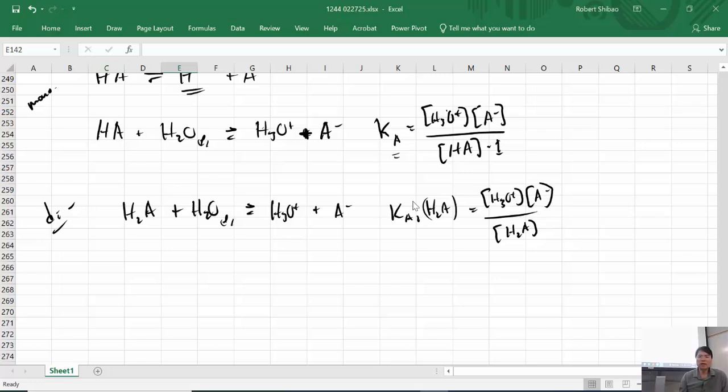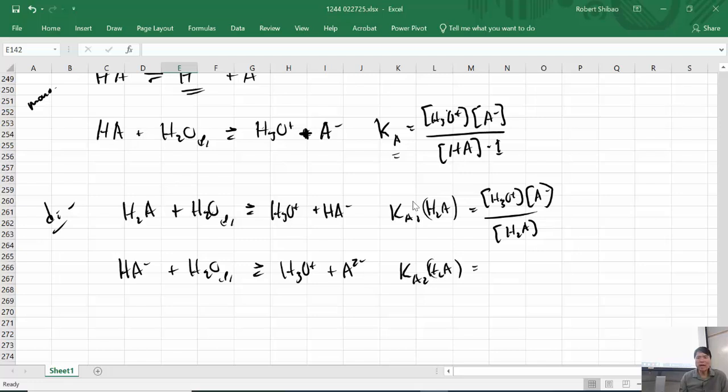Now, here we only lost one of the hydrogens. So this is actually HA minus, sorry. And to lose the second one is a lot more difficult. Water is going to struggle plucking the second hydrogen off. And so we have two K values here. We have Ka1, and then we have Ka2 for H2A.